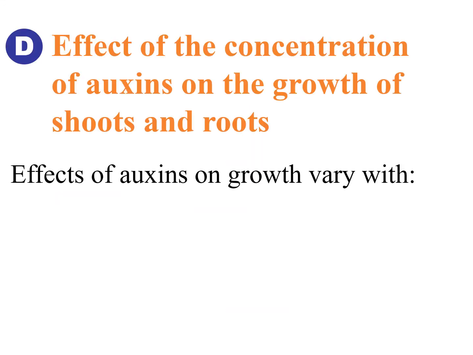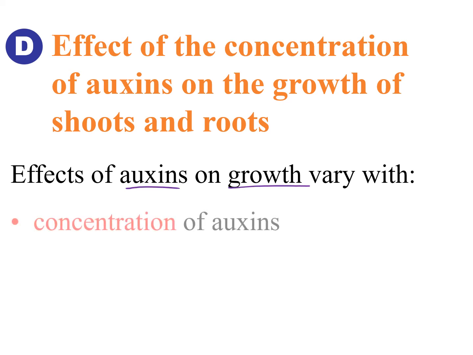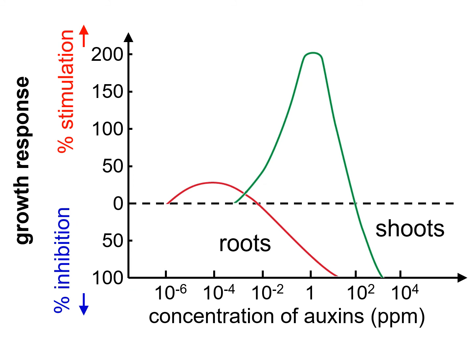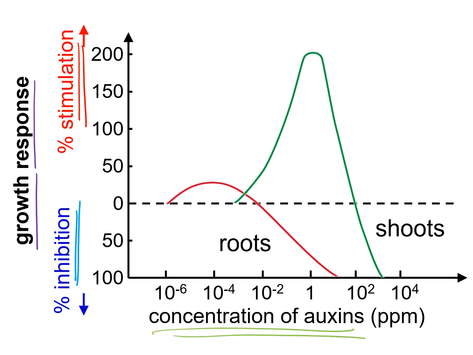The effect of auxin on the growth varies with the concentration of auxin and also the parts of the plant, such as the shoot or the root. The following graph shows you the growth response on the plant shoot or root, whether it is stimulating or inhibiting in different auxin concentration.